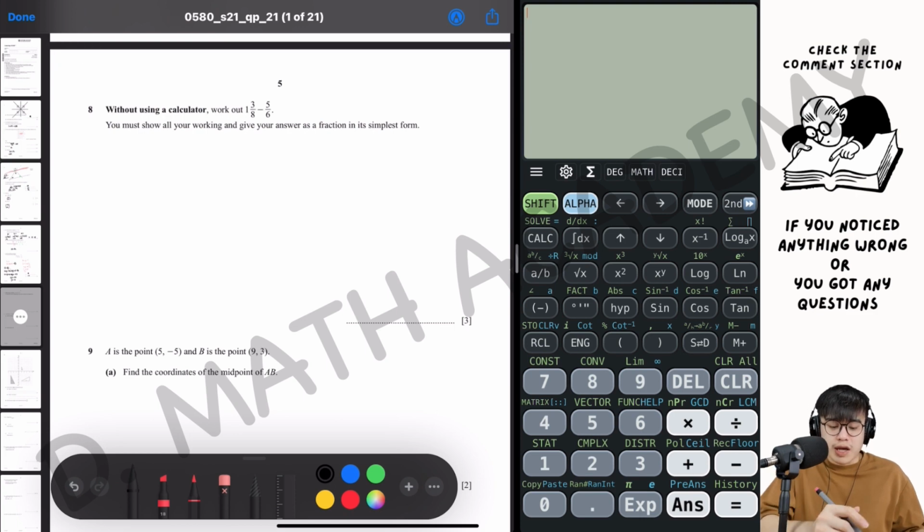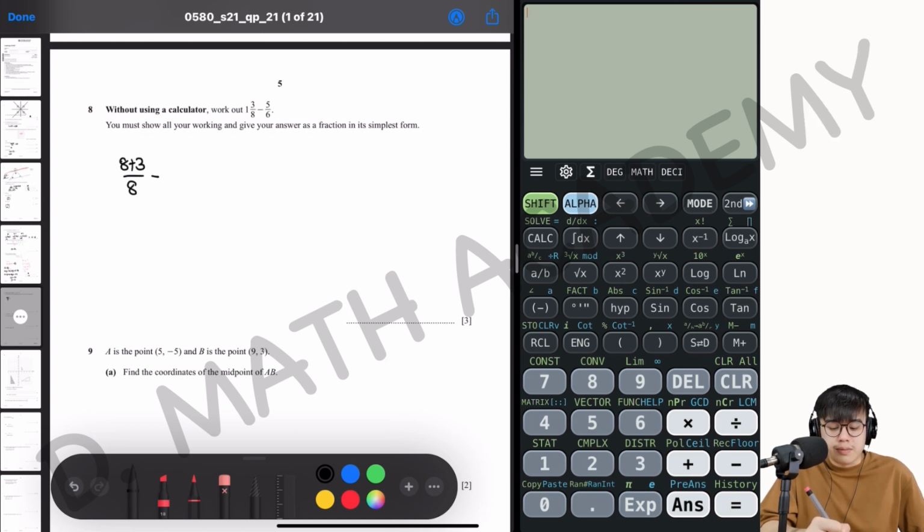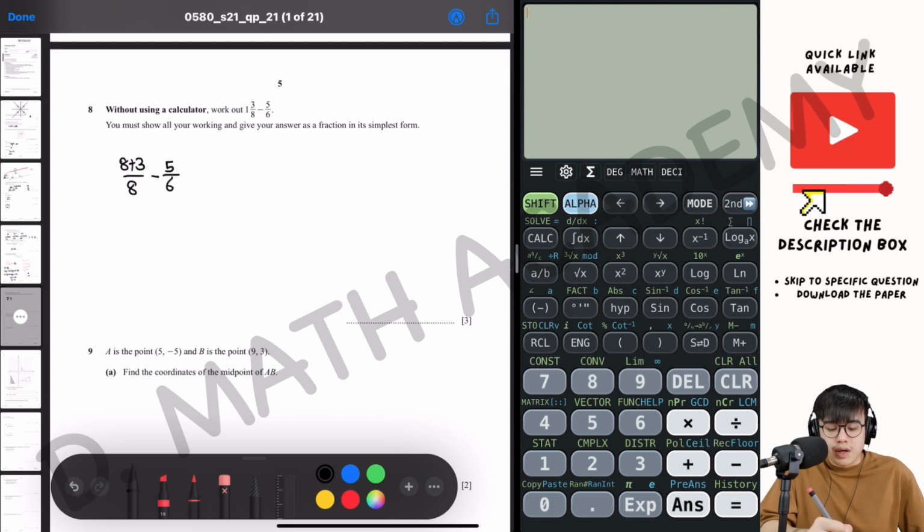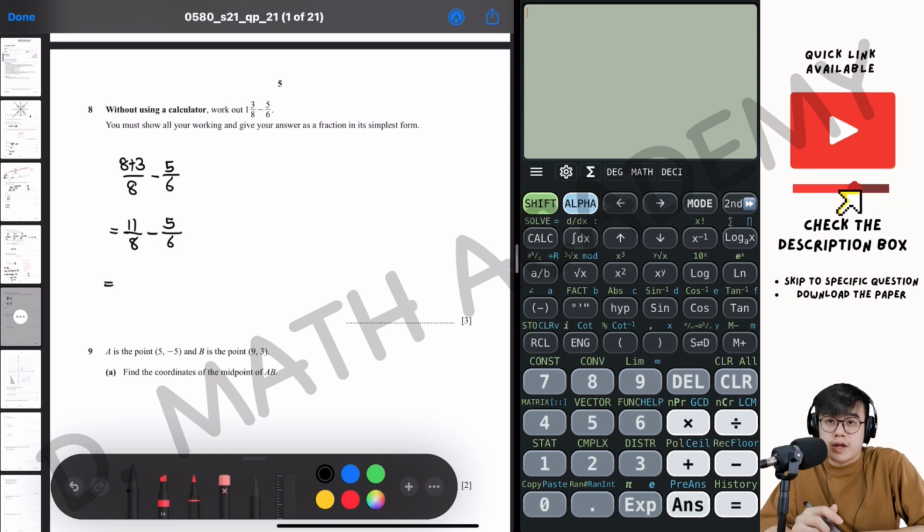Moving on to question 8. To solve this, we are using the mixed number way. So 8 plus 3 here, get rid of the mixed number first. Because they want you to show all the details, you can't skip the steps. From here, the common denominator that I can set is actually 24.